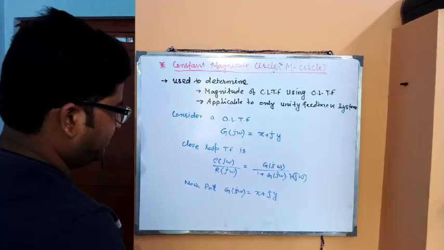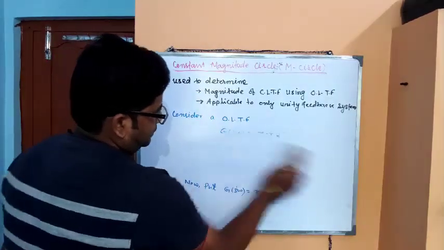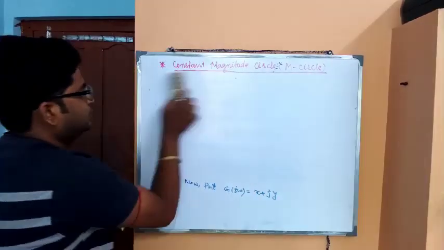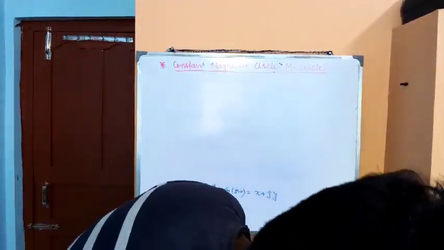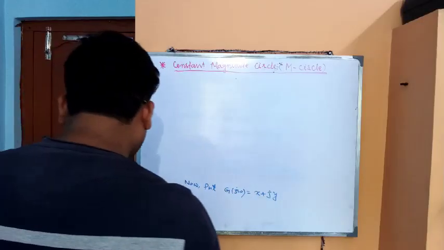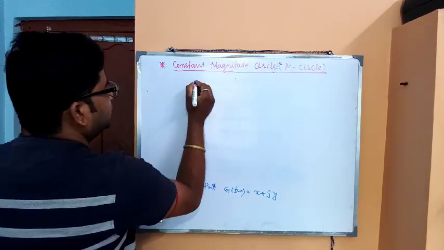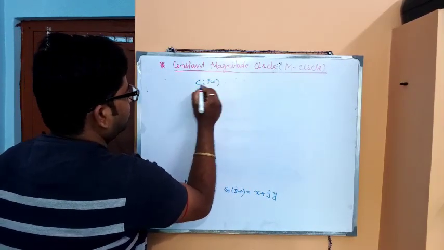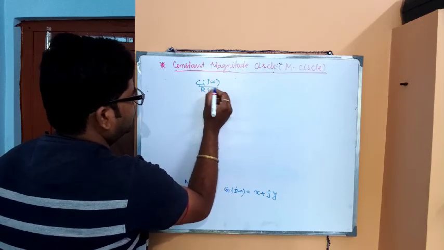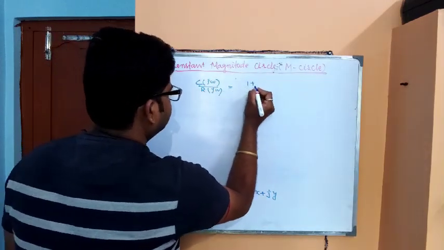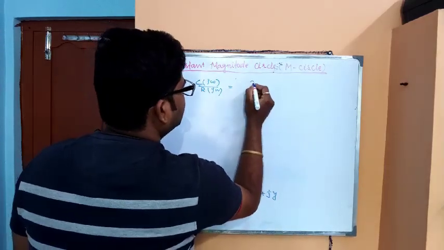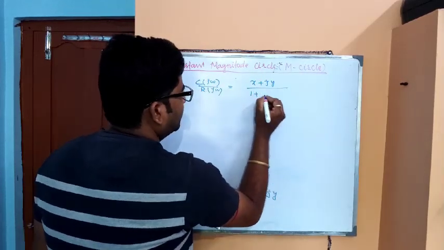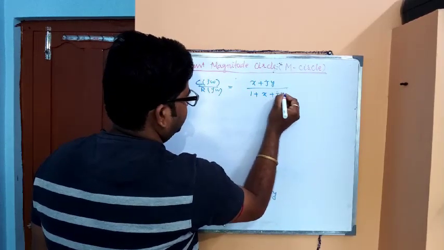So after putting the value of G of j omega as x plus j y, the closed loop transfer function of the system will become C of j omega by R of j omega is equal to x plus j y divided by 1 plus x plus j y.